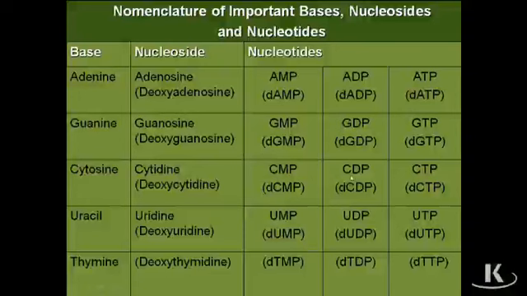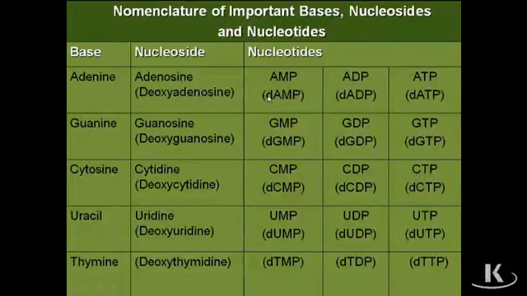And then finally, as you start to attach 1, 2, or 3 phosphates to each of these nitrogen bases, we go from being a monophosphate, MP, to a diphosphate, DP, to a triphosphate, TP. This pattern is used universally among all of the nitrogen bases, the A's, the G's, the C's, and the T's.